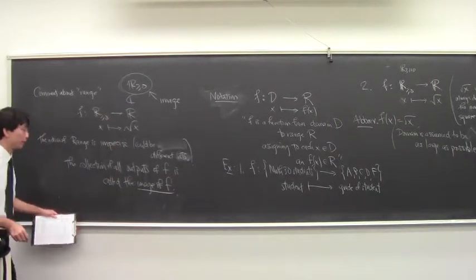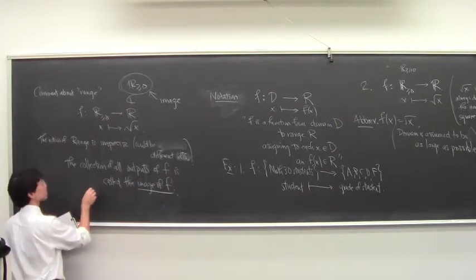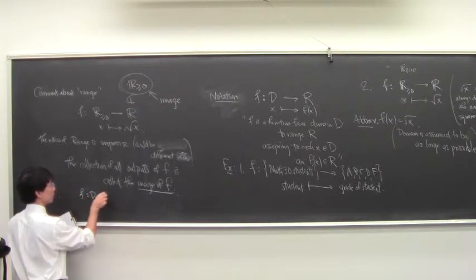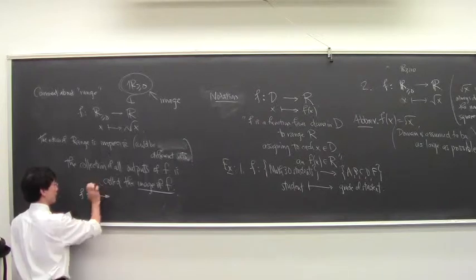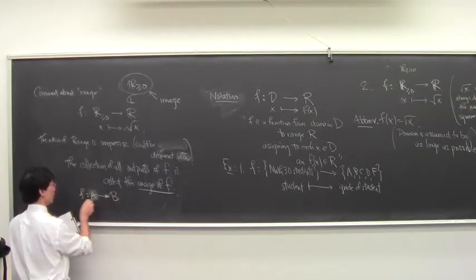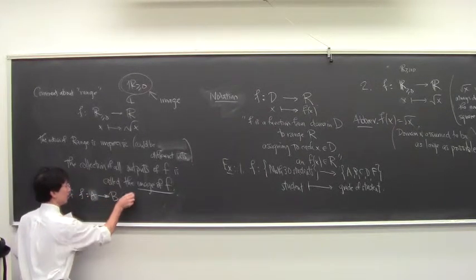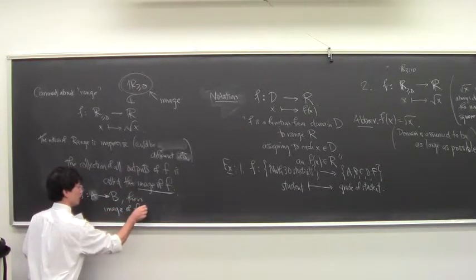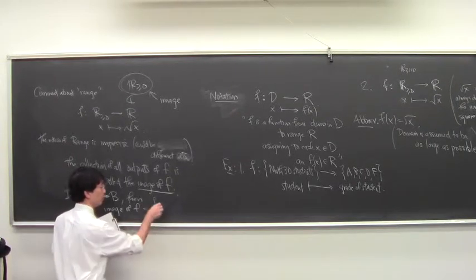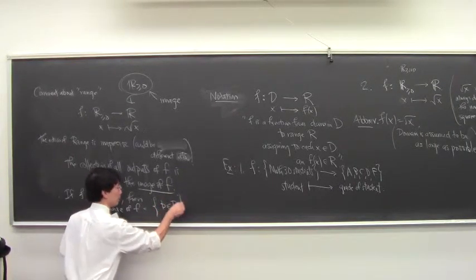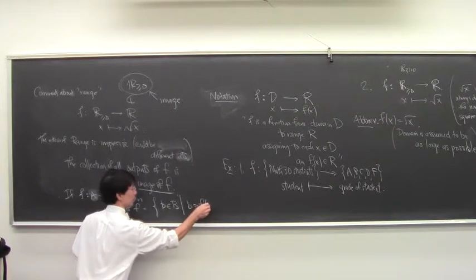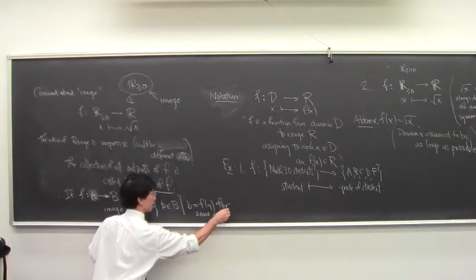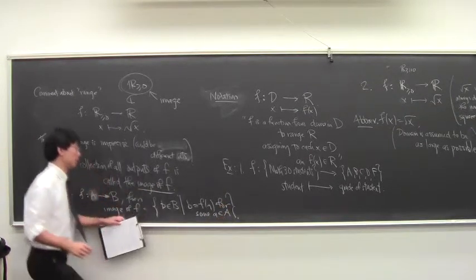So if you have some f going from A to B, then the image of f is all b in B, where b equals f of a for some a in A.